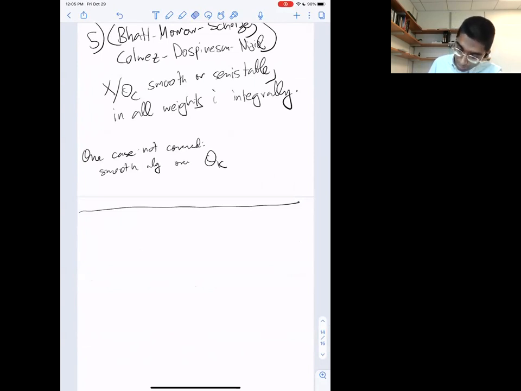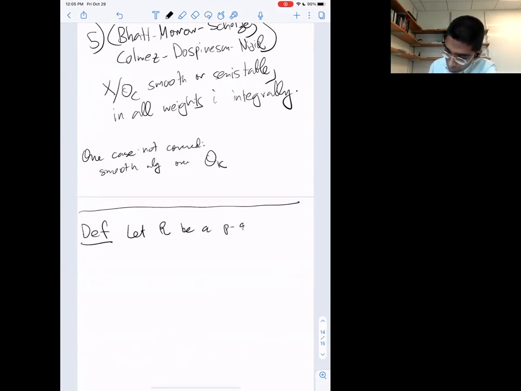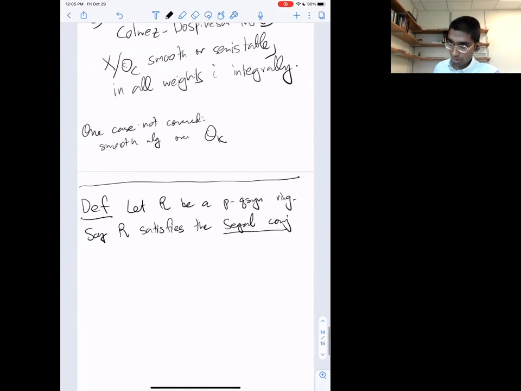Okay, so the basic definition of this talk is the following. Let R be a p-quasisyntomic ring. We're going to say that R satisfies the Segal conjecture if the following holds.